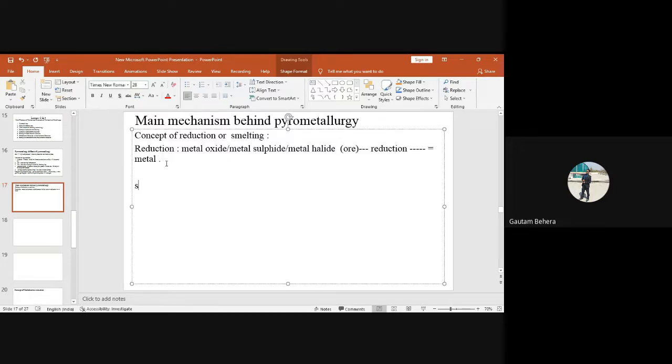And what is smelting now? Smelting is an operation, or a process also, no problem. Smelting is an operation or process where both reduction and melting are done, right?